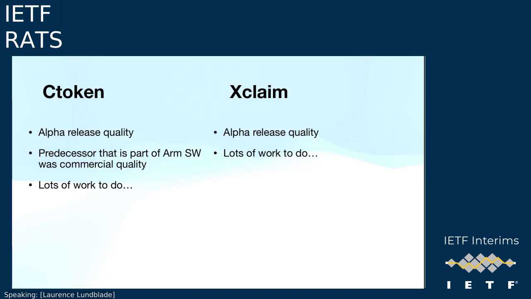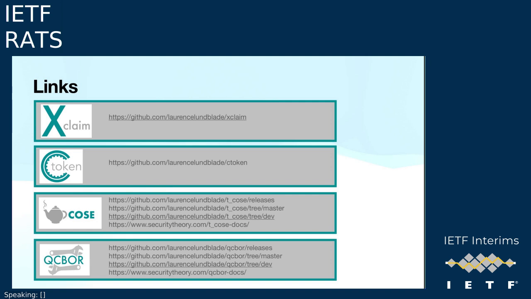Okay, next slide. And there are the links for all of them. As you can see, for QCBOR and t_cose, there are links to the formal releases and to the master, the V1 tree, and also to the dev tree.